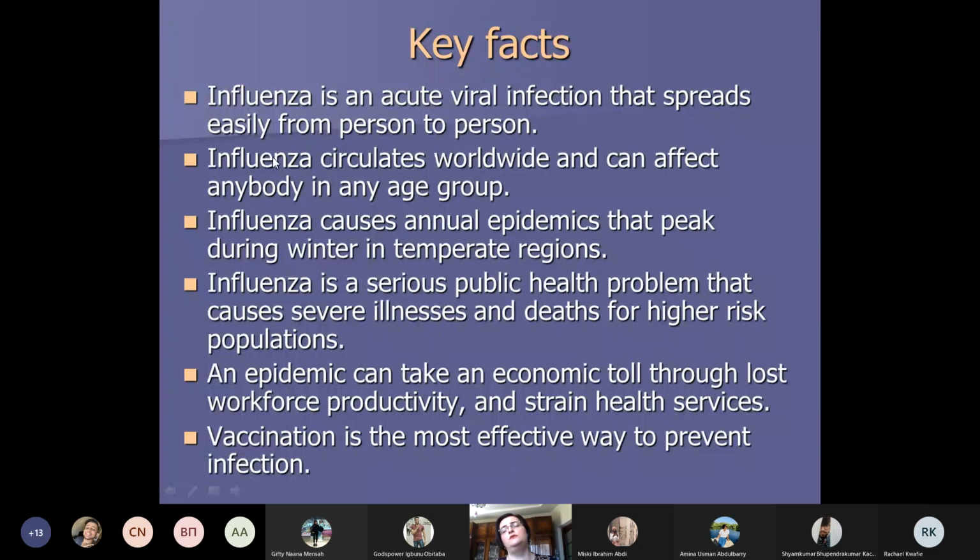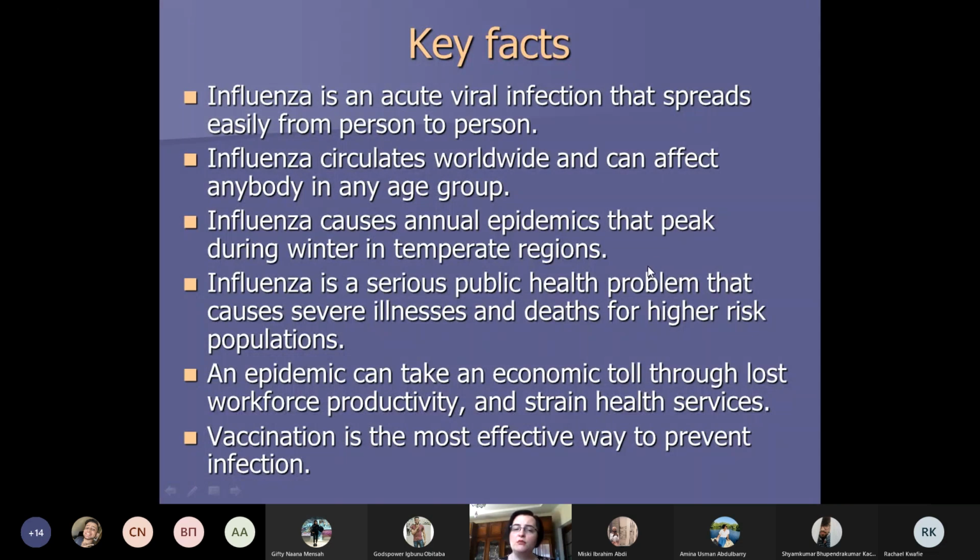Key facts. Influenza is an acute viral infection that spreads easily from person to person. Influenza circulates worldwide and can affect anybody in any age group. Influenza causes annual epidemics that peak during winter in temperate regions.